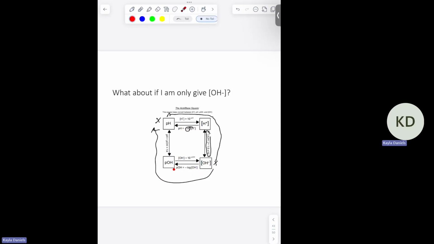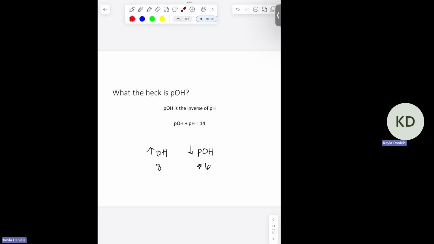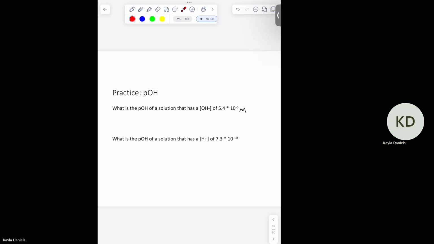So we would use this formula: pOH equals the negative log of OH. So pOH equals negative log of this guy. All right, and for that I got 4.26.